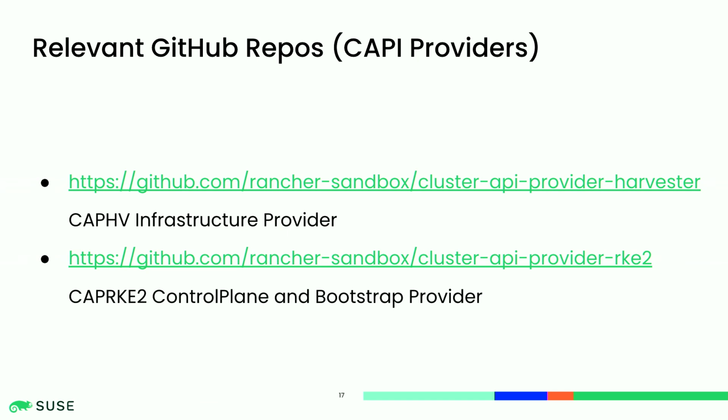So it's an active project. And there's also the Cluster API provider for RKE2, which is maintained by the CAPI team. It's very active and works quite well already. So these are 2 repositories that might be very useful to you.